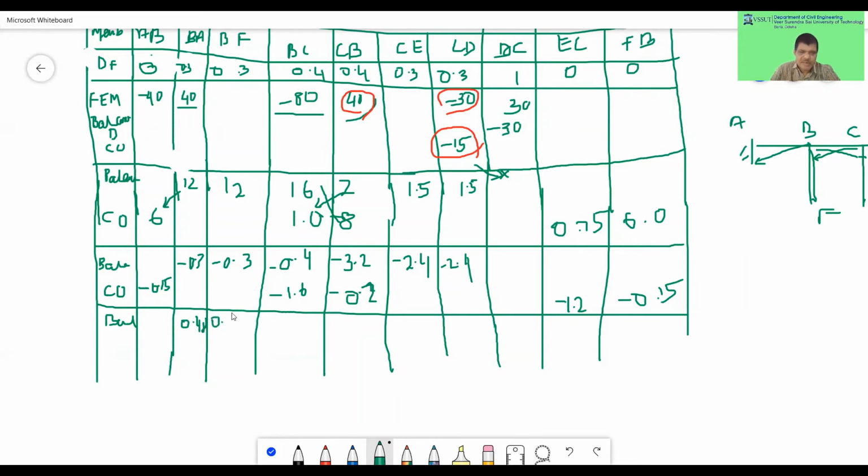Plus 0.48 here. Then it is 0.64 here. Now here minus 0.2, you apply 0.2. So 0.2 into 0.4 is 0.08, and 0.06 and 0.06. So these are the values that we will get from here.